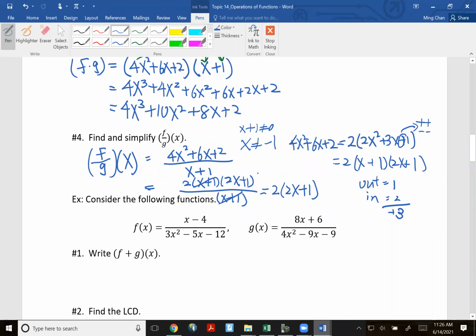So if you graph it, all you're going to see is just a linear line. But it turns out when x is equal to negative 1, there is a hole on the graph that you don't see from the calculator. The hole will only exist if the factors of the numerator and denominator cancel out.